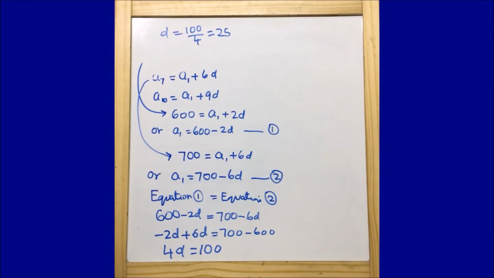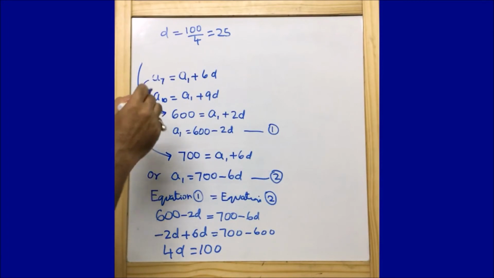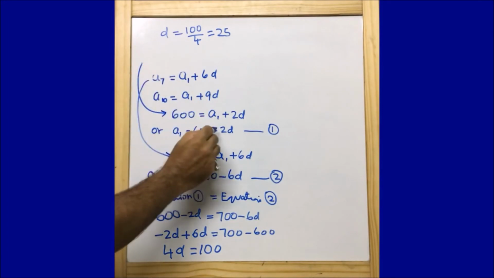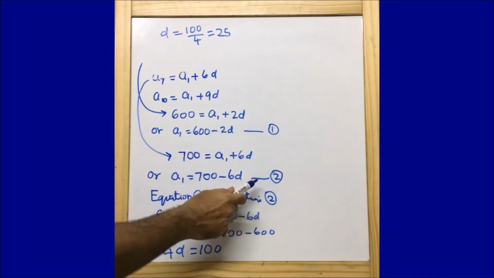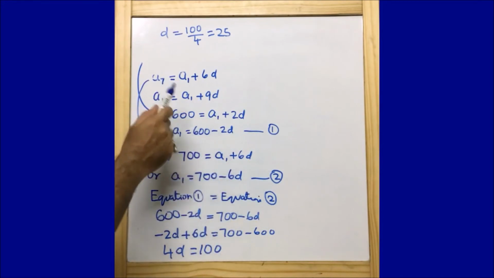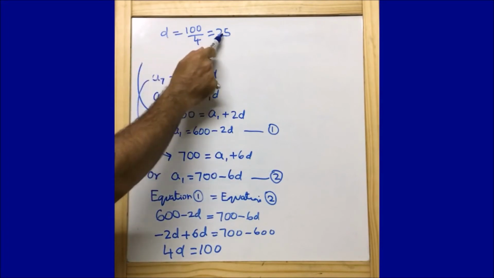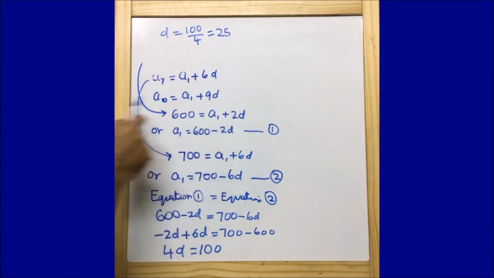Now let us put the value of d in equation 1, because we already got these two equations. If I put the value in equation 1 or equation 2, whichever one we are comfortable with we can use. So now I am going to put this value of d in equation 1, so that I can get the value for a1.